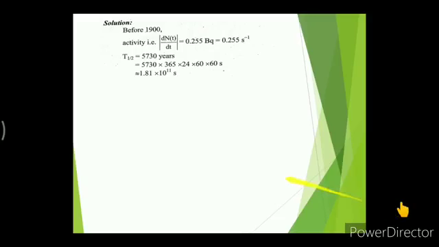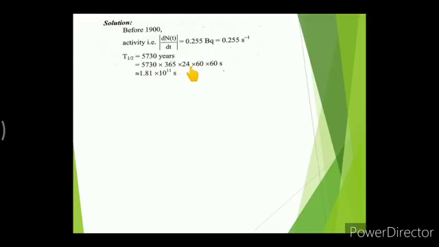Here we are going to convert the half-life of the carbon-14 atom from years to seconds, and for this we multiply 5730 by 365, then 24, then 60, and again 60, to convert the half-life from years to seconds.